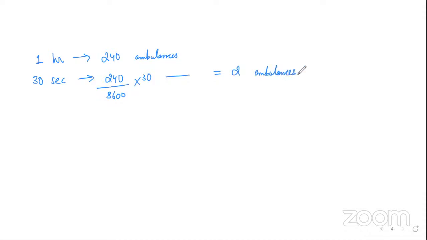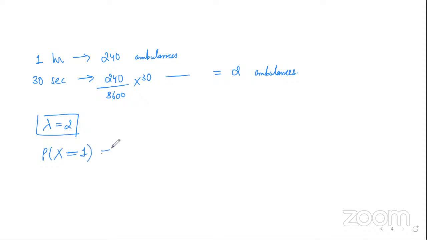So in each 30-second time interval, on an average, 2 ambulances are arriving. So this is your lambda. Lambda equals 2.